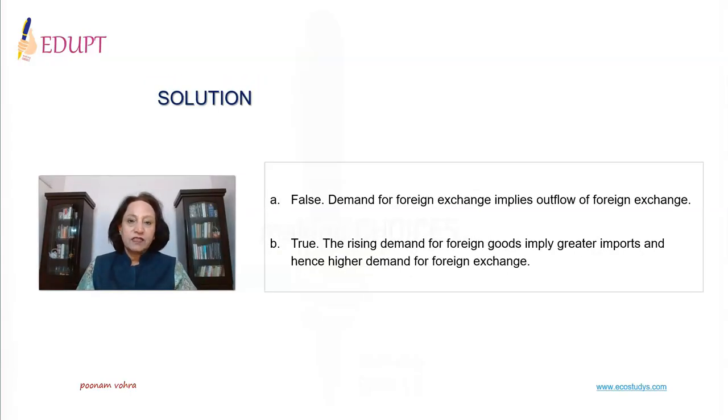A is a false statement. Demand for foreign exchange implies outflow and not inflow of foreign exchange. And statement B is true. The rising demand for foreign goods implies greater imports and hence higher demand for foreign exchange.